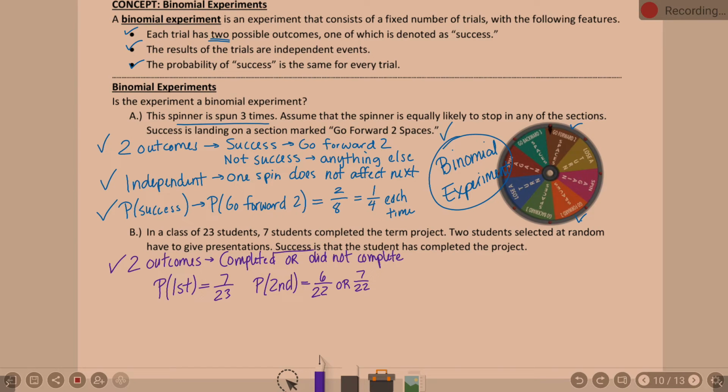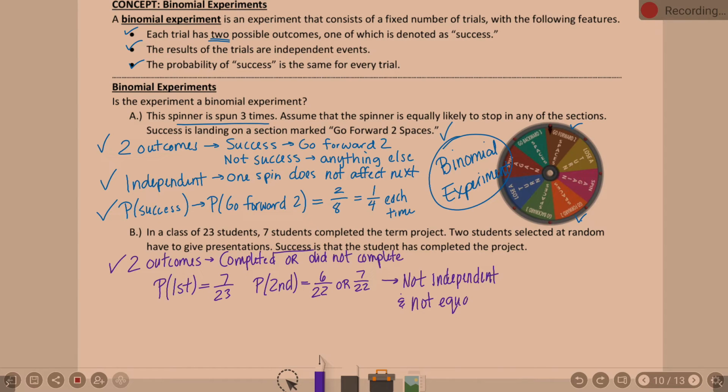But regardless, are those the same? Okay, those are not the same. So at this point, we found out that the events are not independent and not equal.